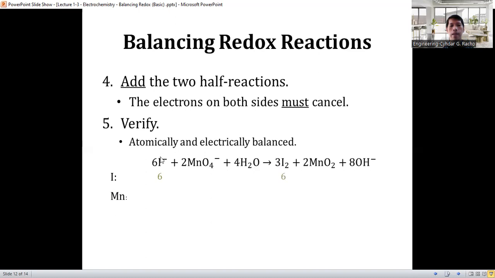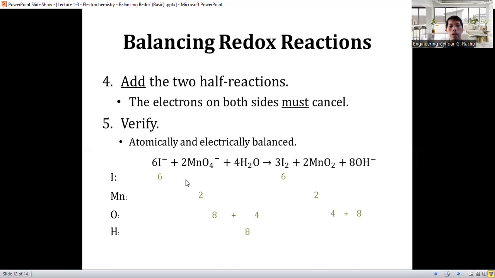For manganese, you have 2Mn, you also have 2Mn. For oxygen, you have 2 times 4, you have 8. You have 4 times 1, so you have 4. And then you have 2 times 2, you have 4. Then 8 times 1, so you have 8. So all in all, you have 12. You also have 12 here.